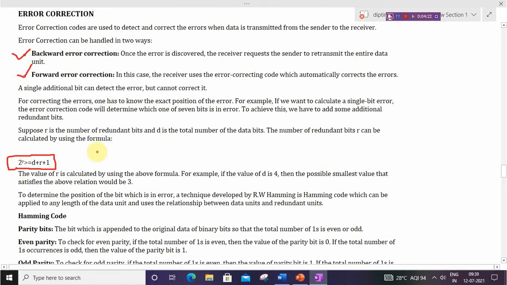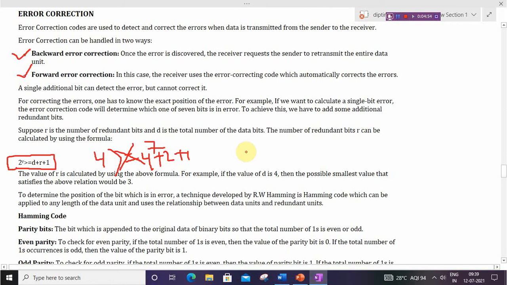Then D equal to 4 plus R equal to 2 plus 1, means 4 plus 2 is 6 plus 1 is 7. So 4 is not greater than or equal to 7. So 2 to the power 2 is not greater than or equal to it.